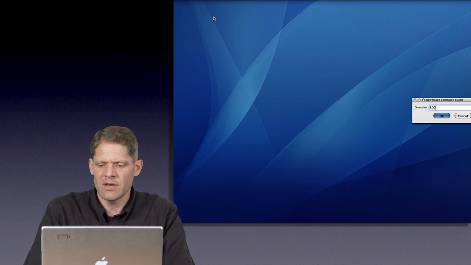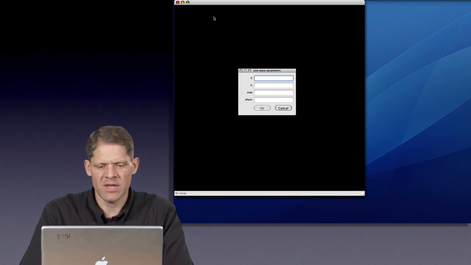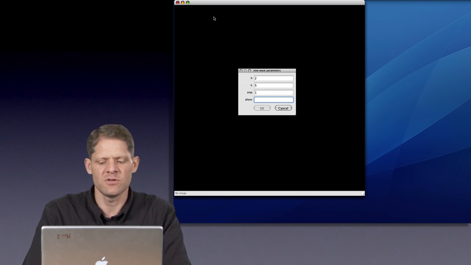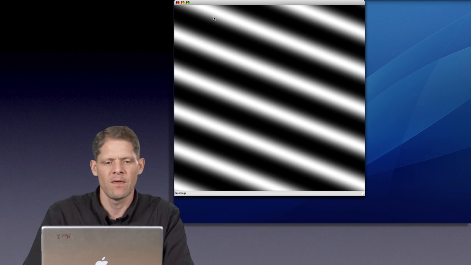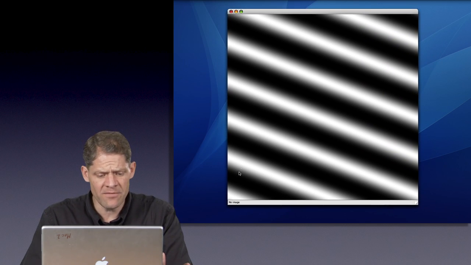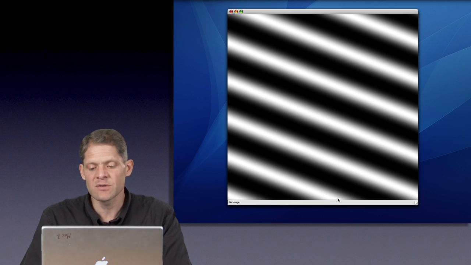Let's try something even more complicated. What about an H equals 2 and a K equals 5 wave? Again with an amplitude of 1 and a phase of 0. Now what we have is a wave which oscillates. If you look carefully along any X, you'll see that the function rises to one maximum, a minimum, another maximum, and a minimum, and then comes back to 0.